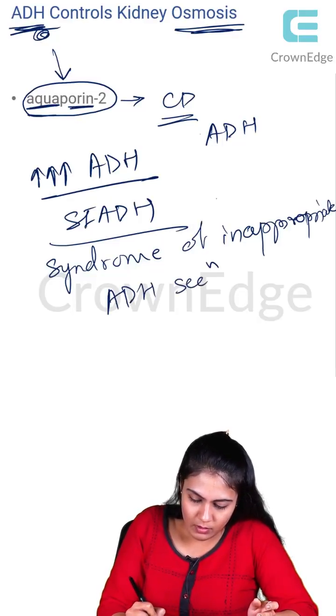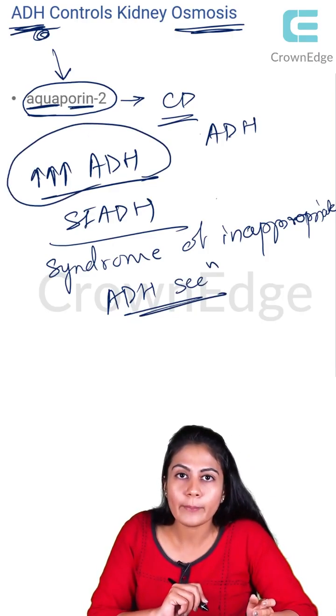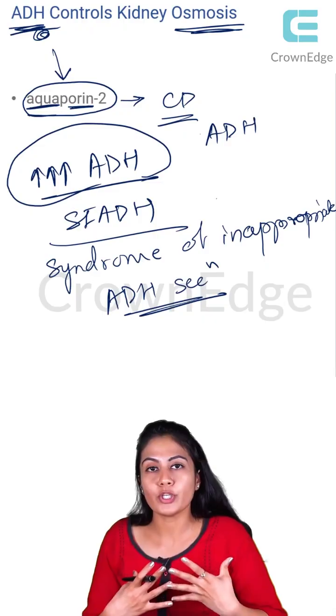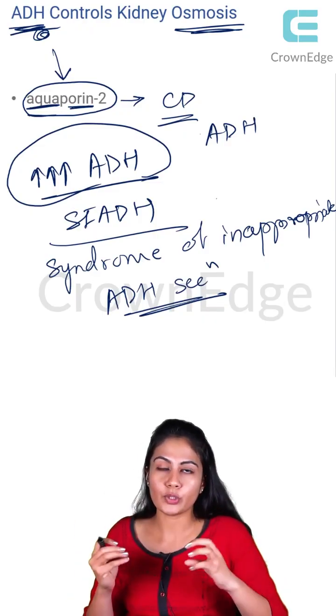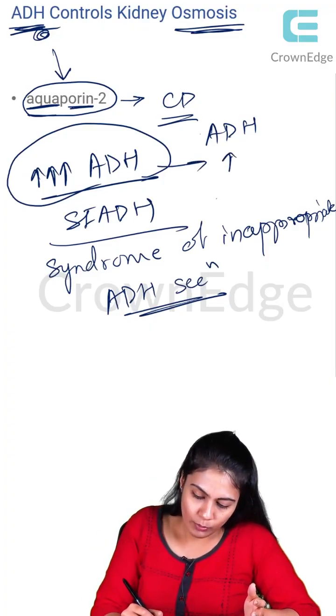So what happens? ADH is much more increased, beyond the normal level. So excessive amounts of aquaporin 2 will be put on the tubules, and much more water will be reabsorbed, right? Which is not required for our body.